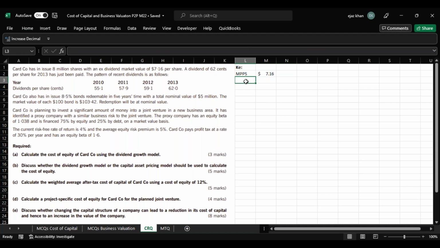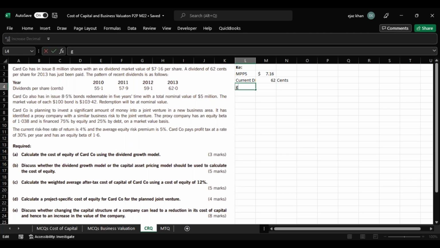Then we need to know the current dividend. A dividend of 62 cents per share for 2013 has just been paid. That's the current dividend. Current DPS is 62 cents. And we need the growth rate. Now the growth rate is not given in the question, and we have to calculate it.